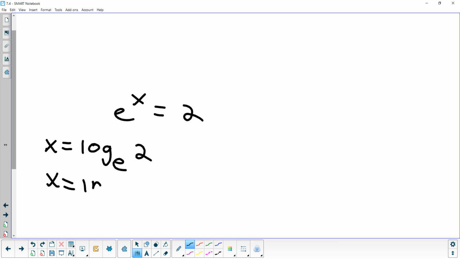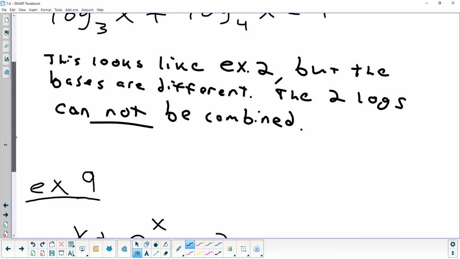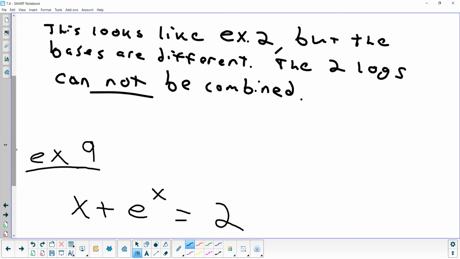So that would just be the ln of 2. Very easy. The problem I have is it's x plus e to the x. I have this x in both spots. And there is no way that I know of to get the x by itself. You can't do it with algebra.